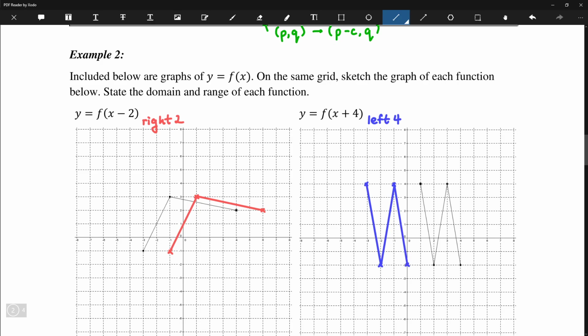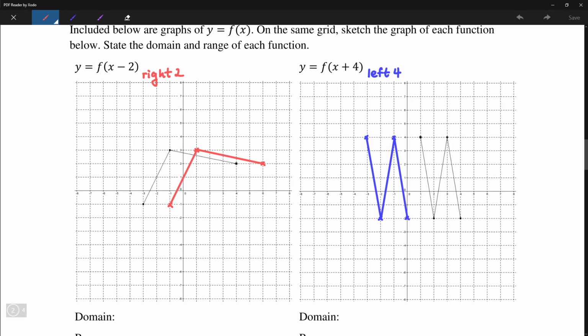Okay, let's look at the domain and range of the original function and then the new transformed graphs. So the domain here was -3 to +4, and the range was -1 to 3.